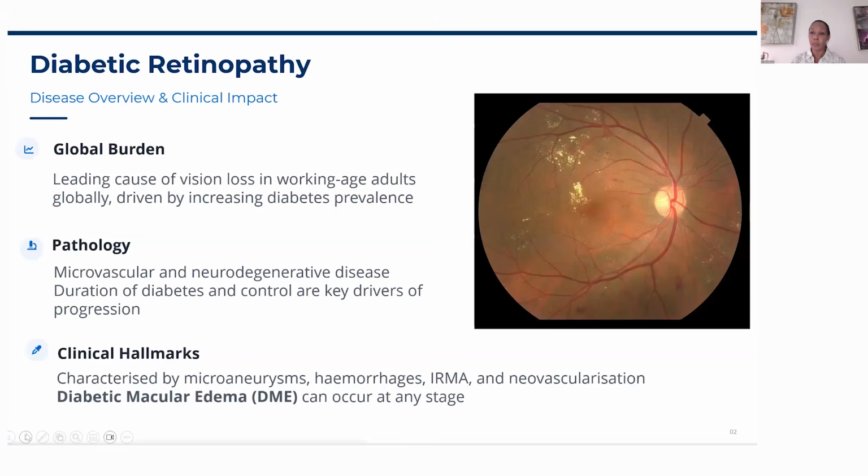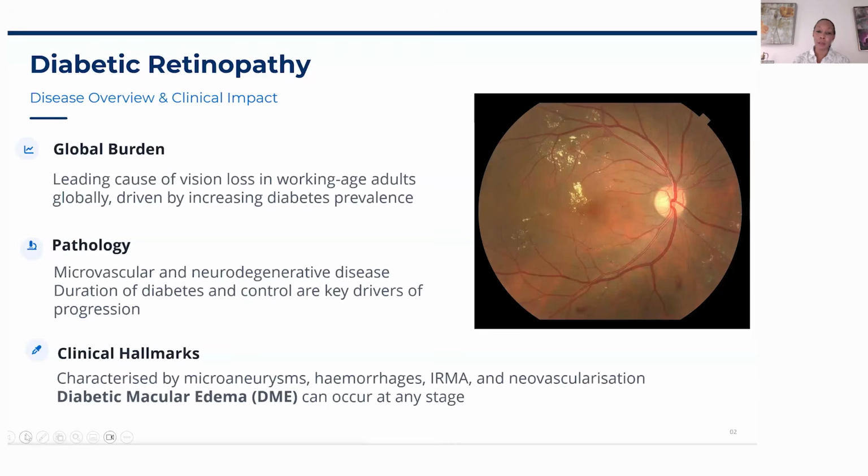So diabetes is a very common disease, and diabetic retinopathy, which is one of the leading causes of blindness in the working age group, is increasing with each year. Pathology is usually due to microvascular neurodegenerative disease. And of course, the duration and the control of the diabetes are the key drivers as to the worsening of diabetic retinopathy.